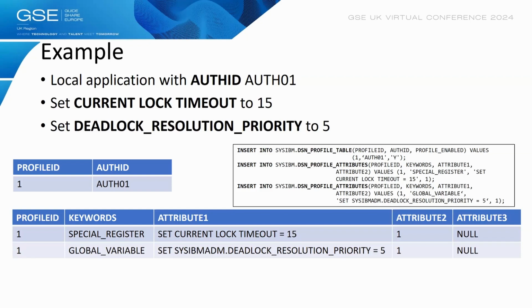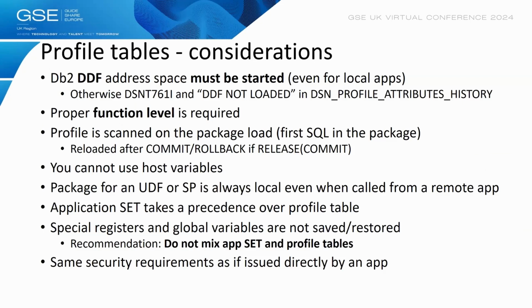So the first row here will update a special register, and I have this set current log timeout equal to 15 as attribute 1. And if you recall, attribute 2 now is equal to 1, which means I want to apply this only to local applications. And the second row is setting the global variable. So I have this command to set the global variable to 5. Okay, so super simple example.